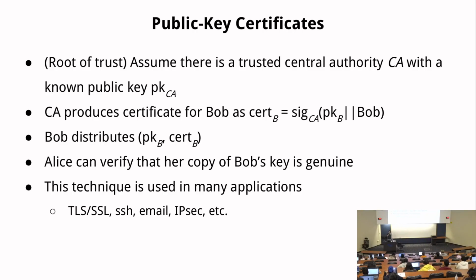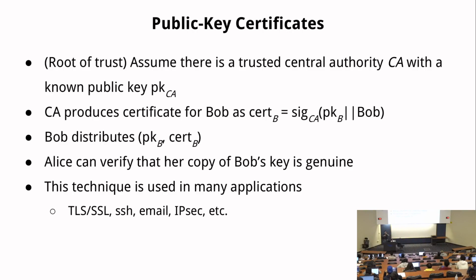Let's say Bob here wants to broadcast his public key. So what Bob will do is first generate his own public key and private key pair. The private key part, Bob will just save securely locally. Do not share with anyone. The public key part, Bob will concatenate with his identity, Bob, and send the whole thing to the CA, obviously through a secure channel.